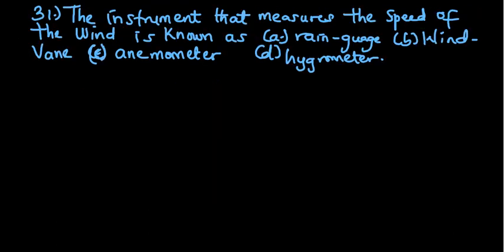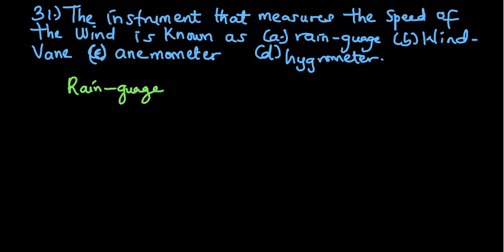The instrument that measures the speed of the wind. A. Rain gauge. B. Wind vane. C. Anemometer. D. Hygrometer. Let's look at what each one of them is doing. We use the rain gauge for the volume of rainfall.